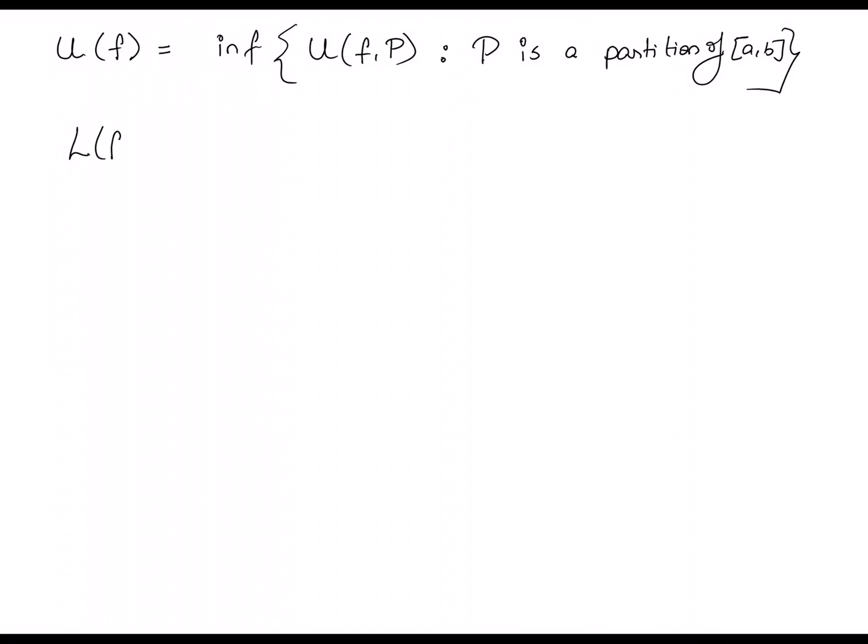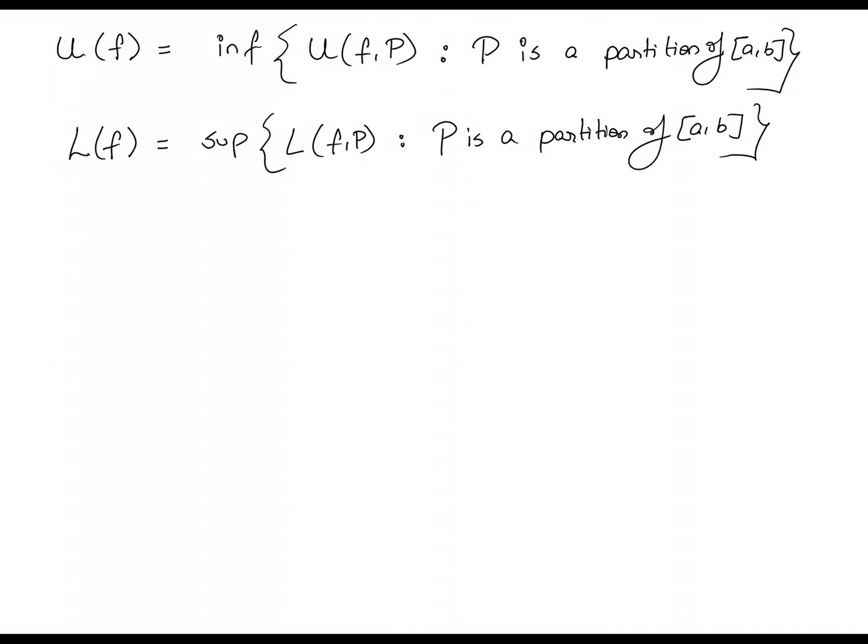And similarly, you take all of the possible lower Darboux sums L(f, P) and consider the supremum of those over all partitions P. As I said, this U(f) is called the upper Darboux integral.